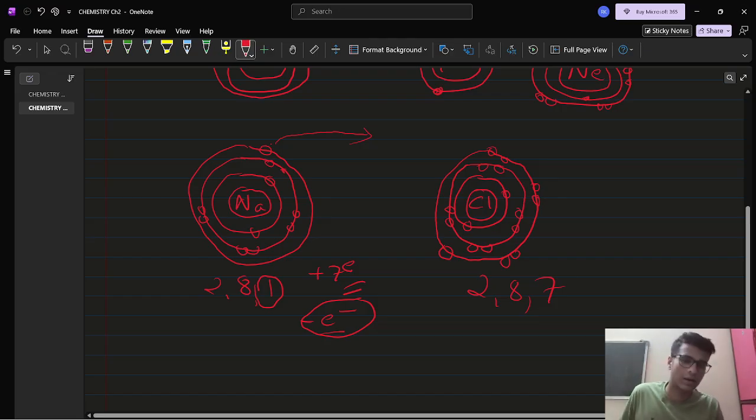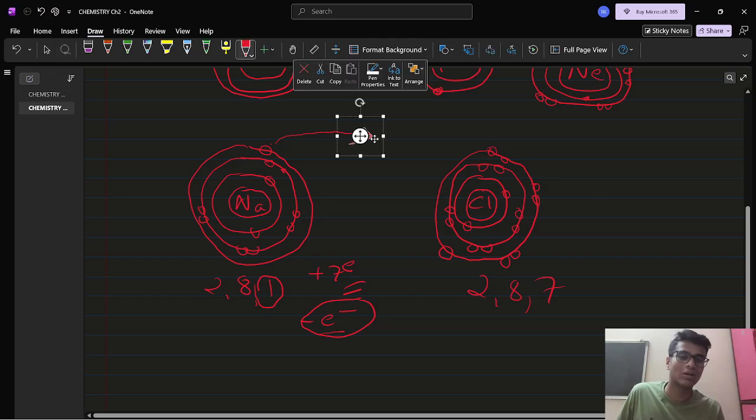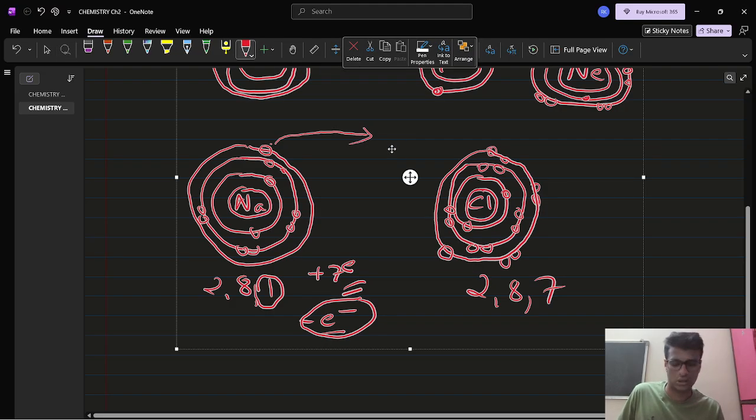So it will lose that electron and who will gain it, the chlorine.